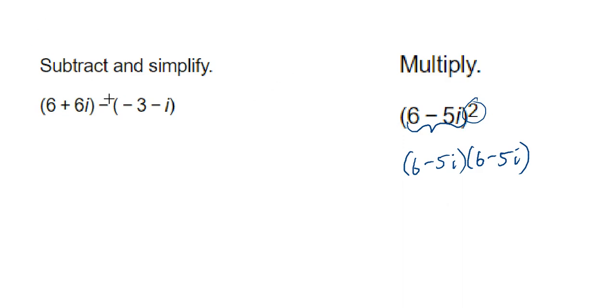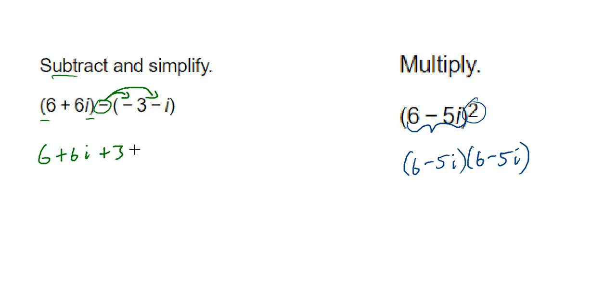All right. So to subtract, like we talked about earlier, you have to distribute that minus sign into the parentheses here. So this first set of parentheses, you don't have to do anything about it. You just get rid of them. You just erase them. So this will be 6 plus 6i. There's nothing else I can do with that. Minus negative 3 becomes positive 3.